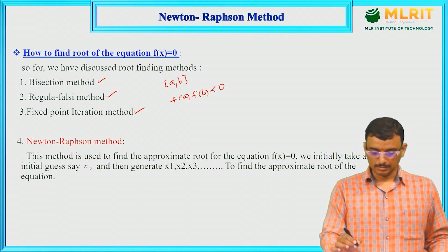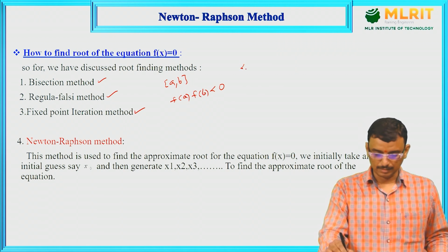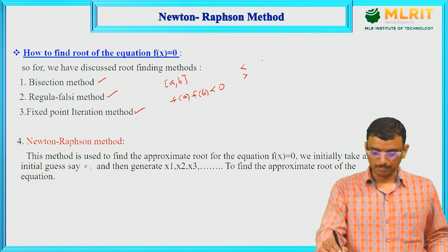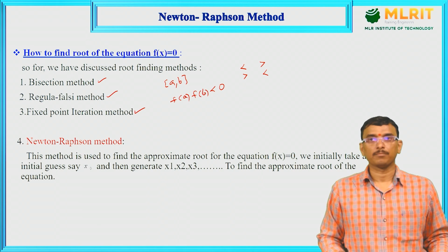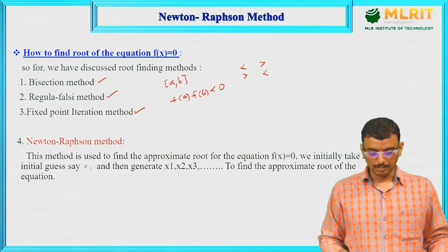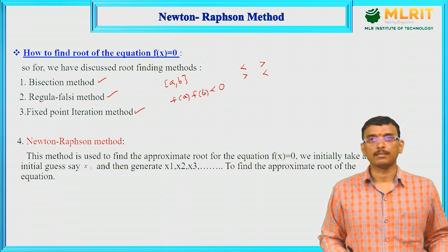Which means both must have opposite signs. So if f(a) is less than 0, then f(b) is greater than 0, or if f(a) is greater than 0 and f(b) is less than 0. So both f(a) and f(b) have opposite signs. Then only a root exists in the interval.